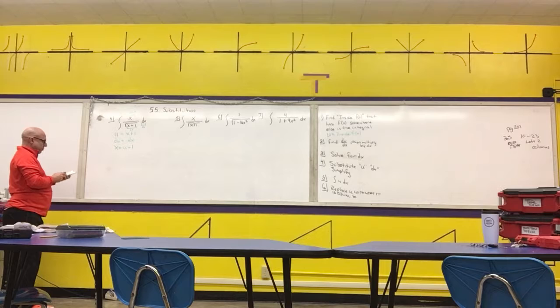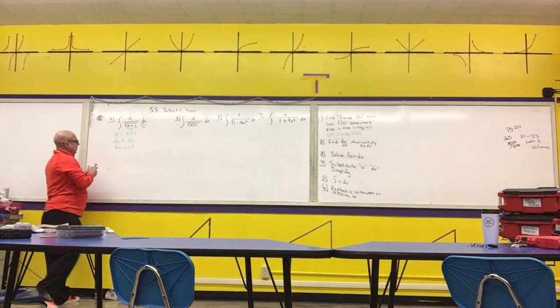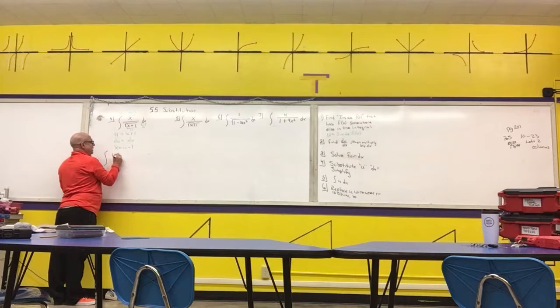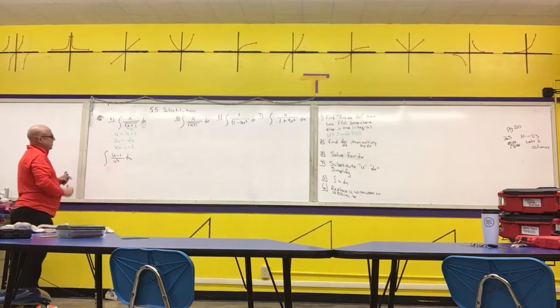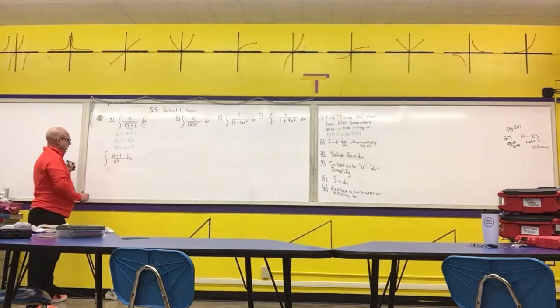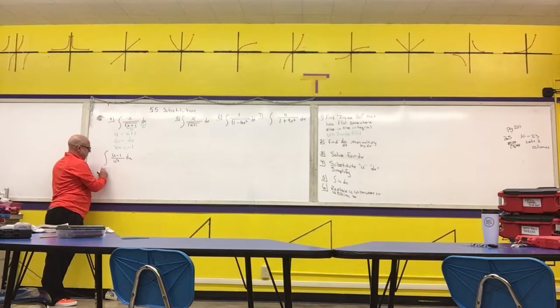Let's rewrite it now with my substitutions. That gives me the integral of u minus 1 over u to the 1/2 du. I am now going to break this up into 2 separate fractions, like we did during our last homeworks.